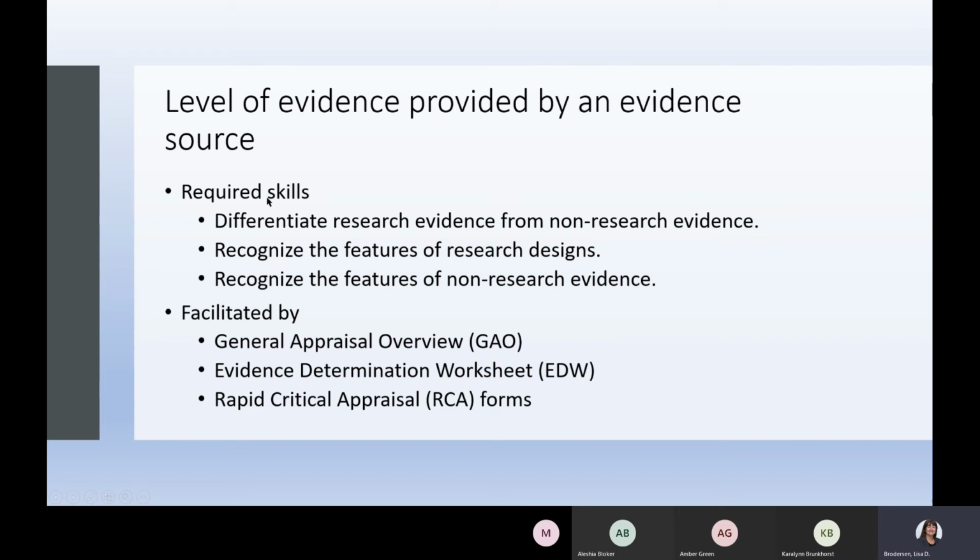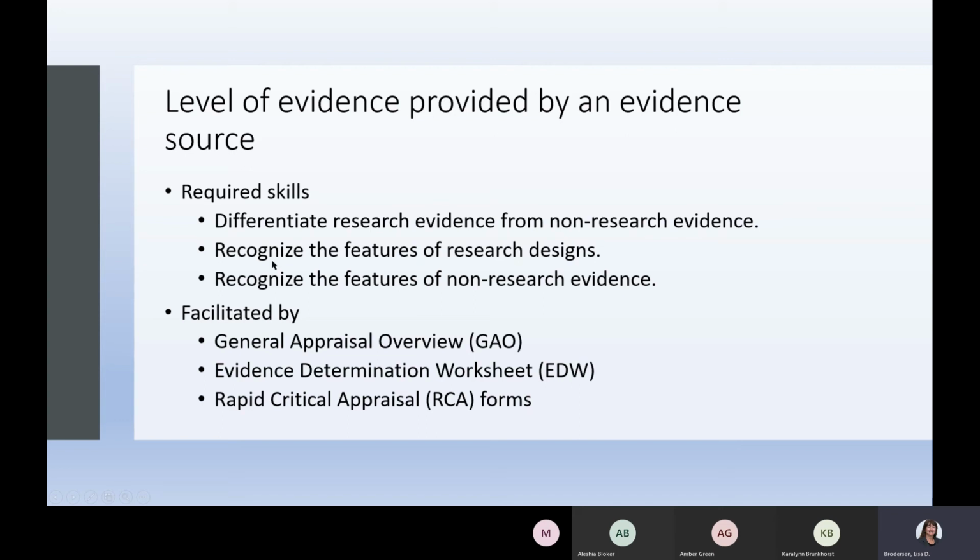So some of the things that you need to be able to do is differentiate research evidence from non-research evidence. So when you pick up a journal article and you're trying to determine what level of evidence it provides, the first thing you're going to have to do is determine whether it's a report of a study, a systematic review, or if it's some form of non-research evidence.